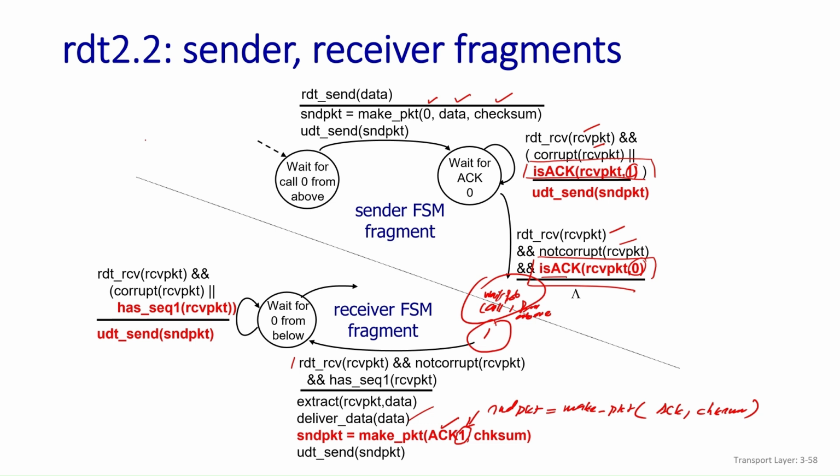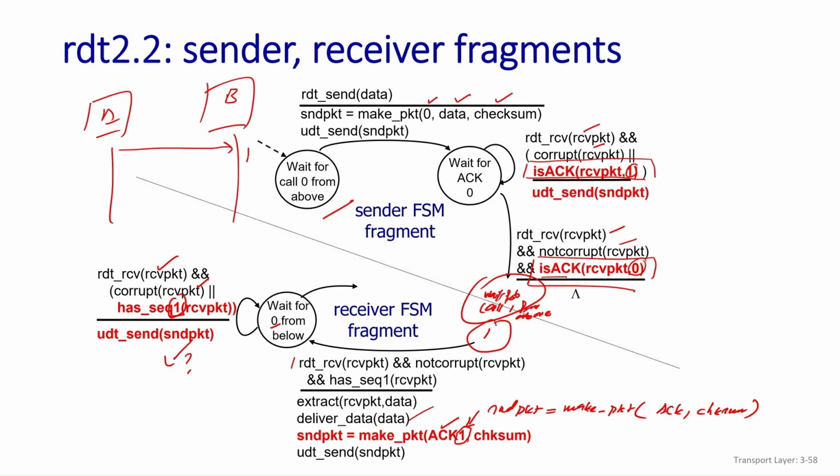If the receiver receives a packet and either the packet is corrupt or has a sequence number other than what the receiver is waiting for, for example it was waiting for sequence number zero but has received a packet with sequence number one, then the receiver sends a packet.